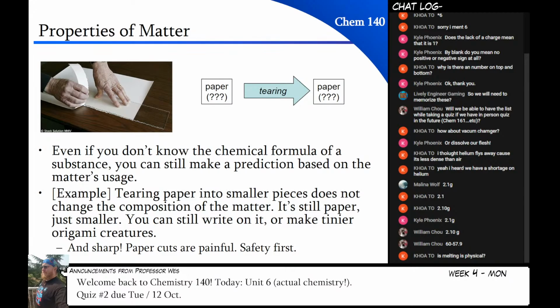Now, you have to use common sense to the best of your ability, or just your intuition and judgment in some of these cases. So, for instance, if I don't know the formula for paper, I can at least note that before and after I tear it, it's still paper.